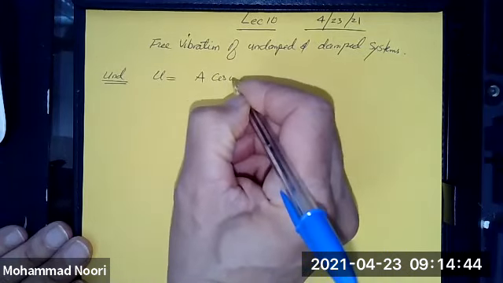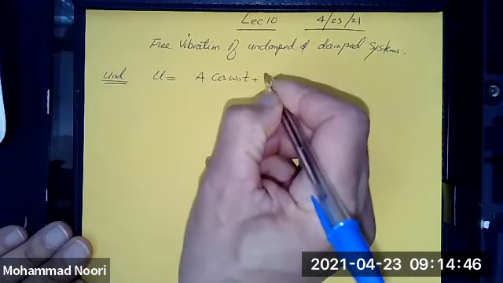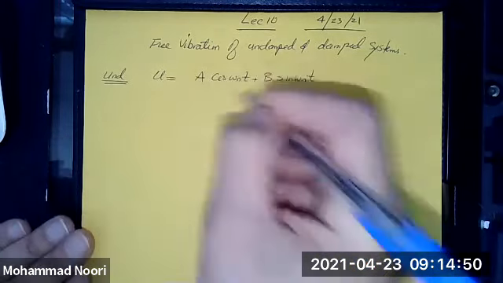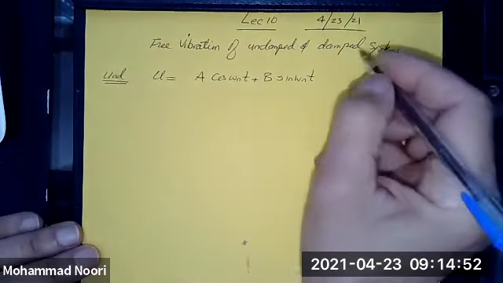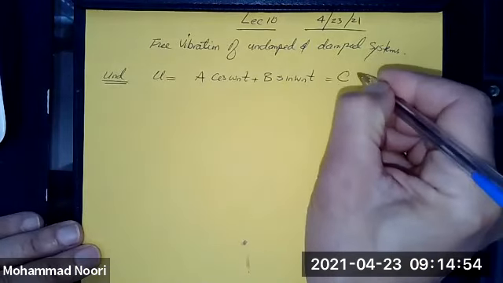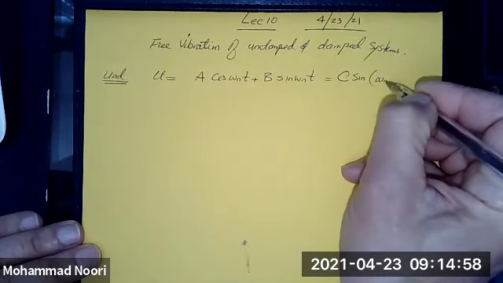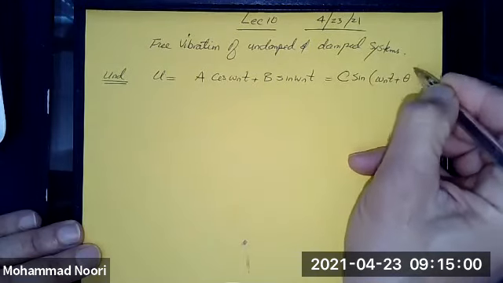A cosine omega n t plus B sine omega n t, which of course you could write also in this alternative form, sine of omega n t plus theta.